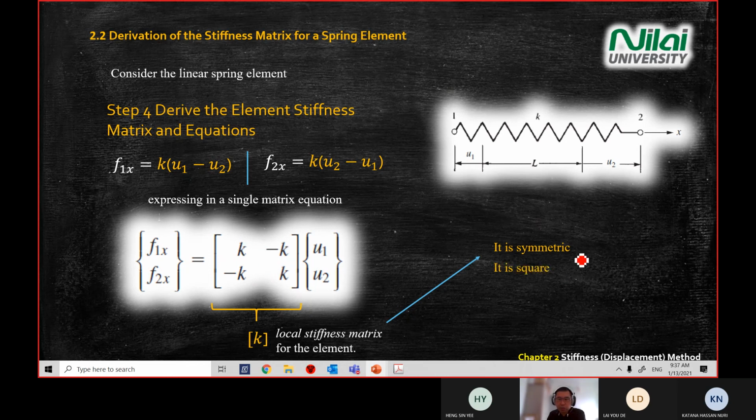Square means 2 times 2, 3 times 3, 4 times 4. It means you get A, B, C, D is a square. You get A, B, C, D, E, F, G, H, I, 3 times 3. You get a square matrix, means a square shape, and so on.